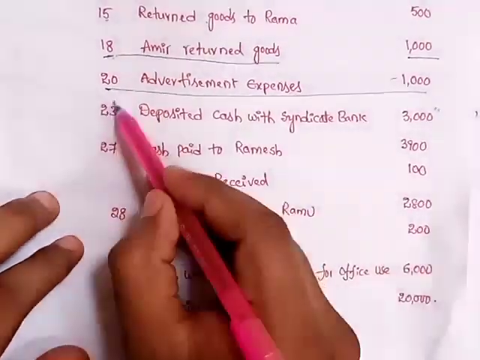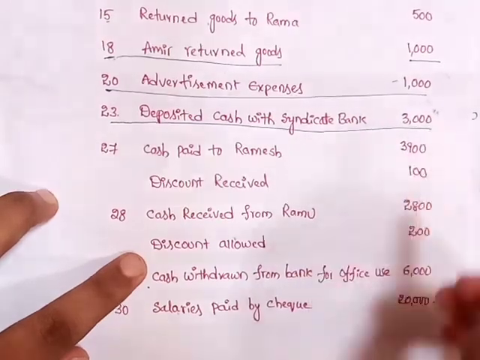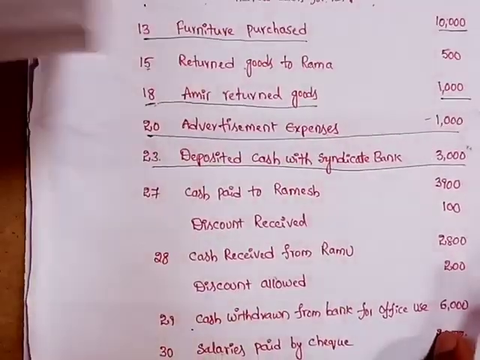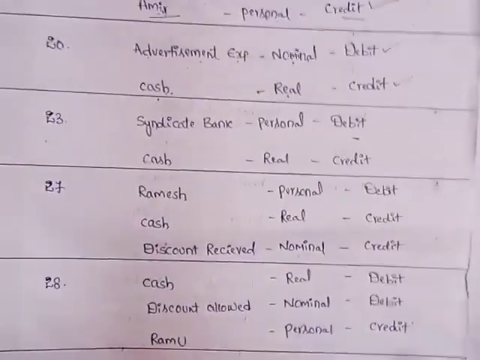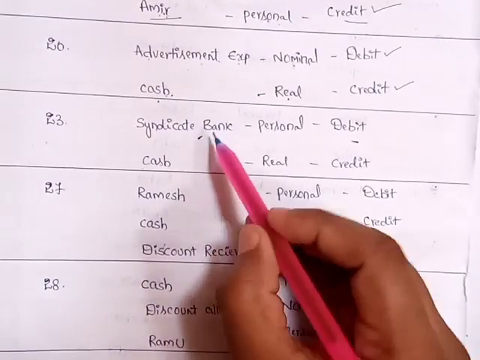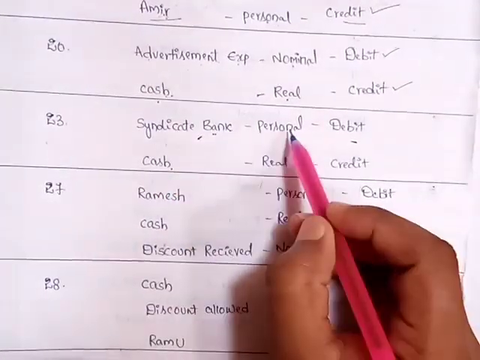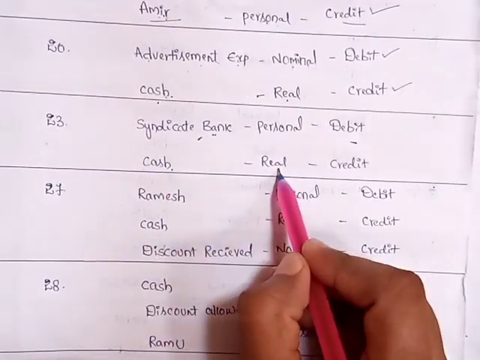23rd, deposited cash with Syndicate Bank 3000. So 23rd, in this transaction two aspects are involved. One is Syndicate Bank, second one is cash. Bank is a personal account, cash is an asset, that's why real account.